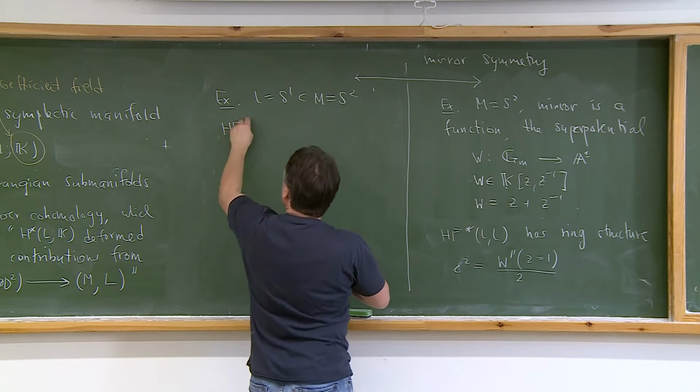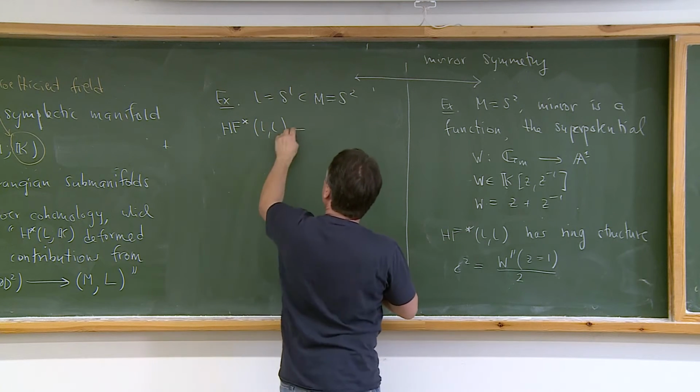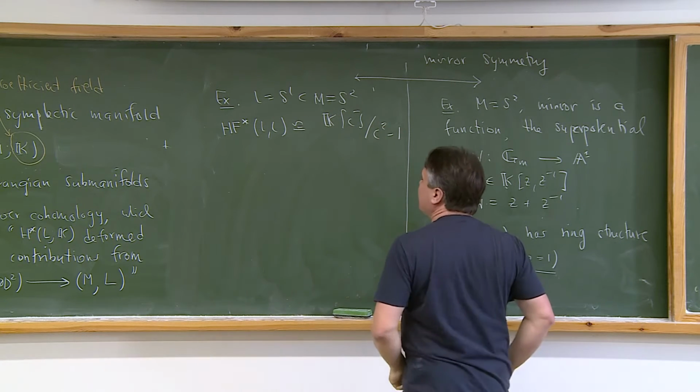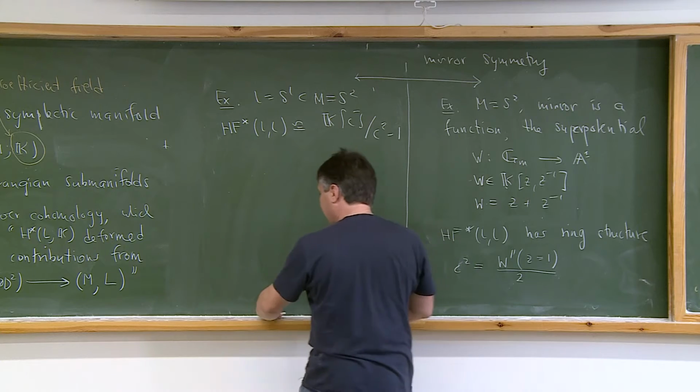So we decided that the Floer cohomology at L is K, C squared minus 1.